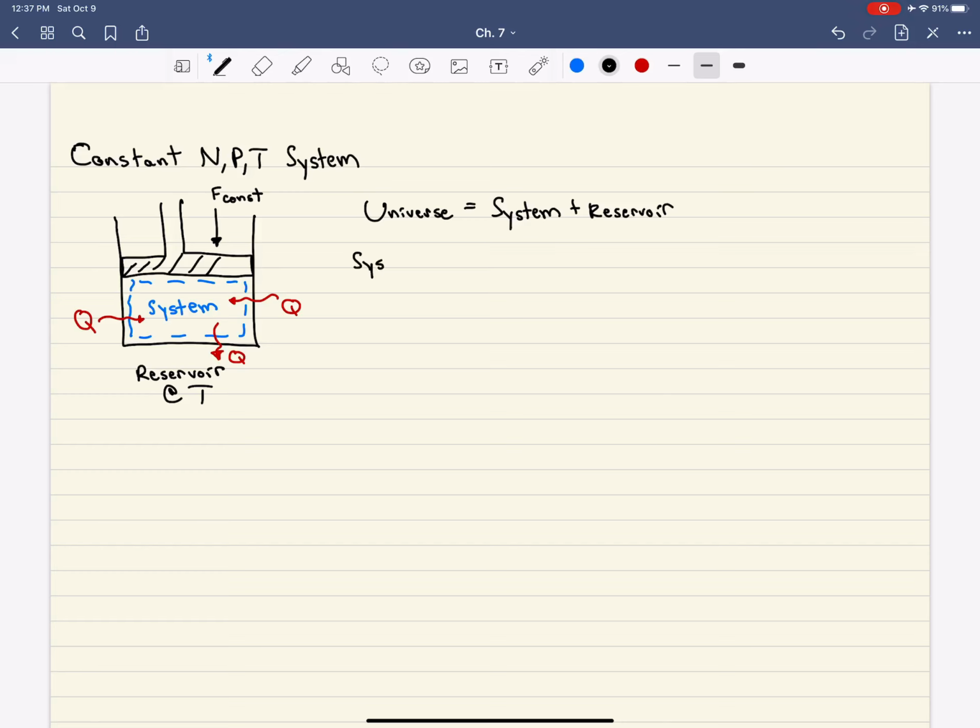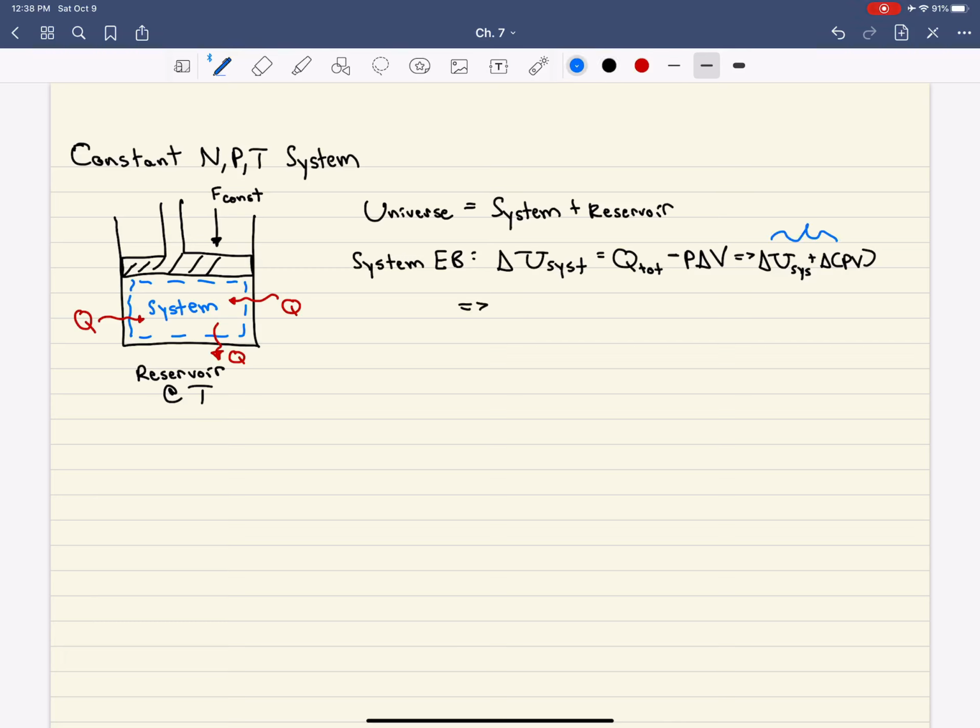And from the system energy balance, the change in the internal energy of the system is now not only going to have a heat term, it's also going to have a mechanical work term, a P delta V. If we rearrange this equation, we have delta U of the system plus delta PV, and since P is constant, we could move it inside the delta.